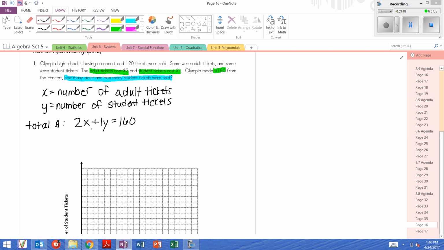Notice how this term is in money, my second term is in money, and my third term is in money. Let's make sure that we're consistent with our second equation. So Olympia High School is having a concert and 120 tickets were sold. Some were adult and some were student. So we know that there's total tickets.